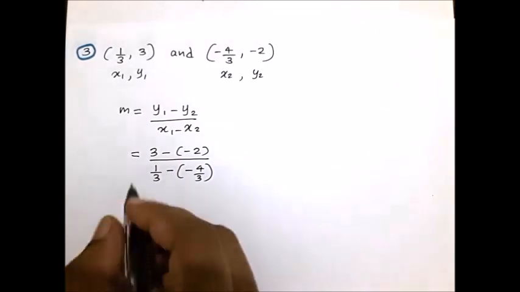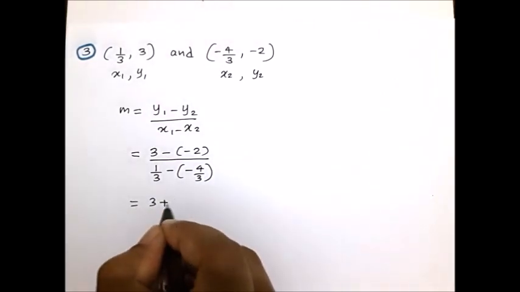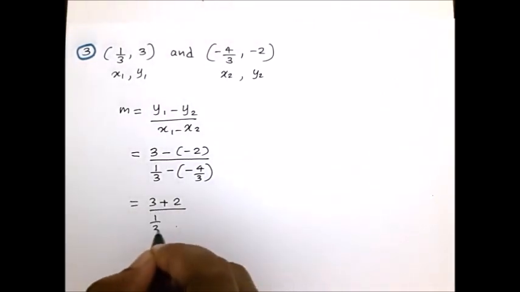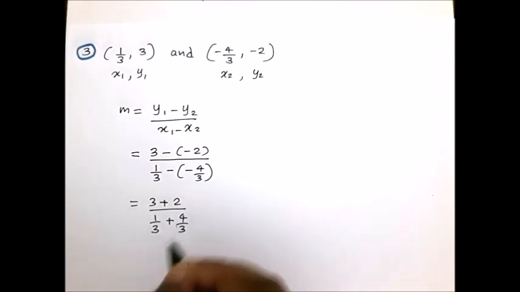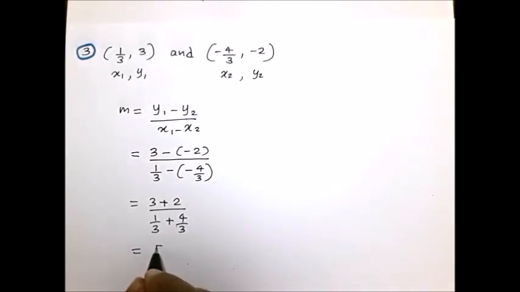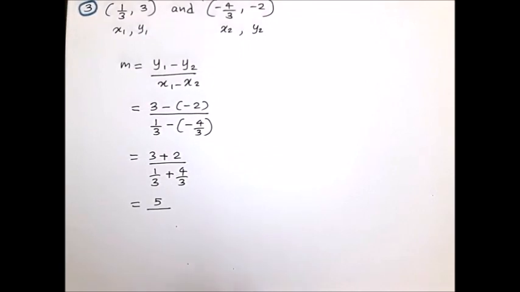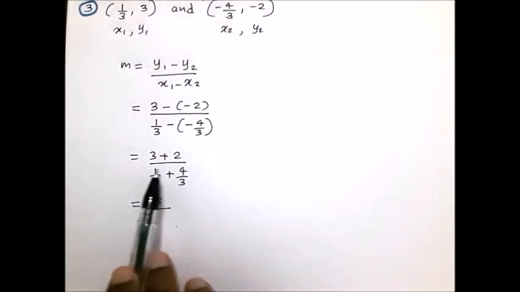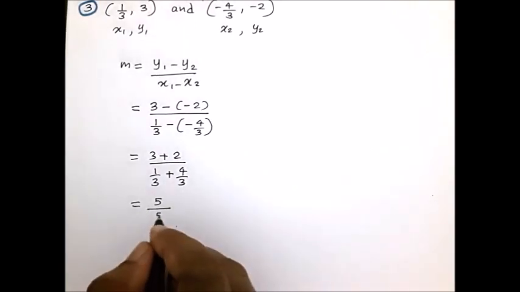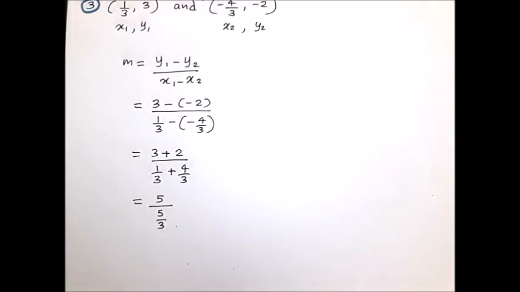Now remove brackets. Minus multiplied by minus is plus. 3 plus 2 is 5. Here are two fractions with the same denominator, so you can add numerators. 1 plus 4 is 5, over 3.